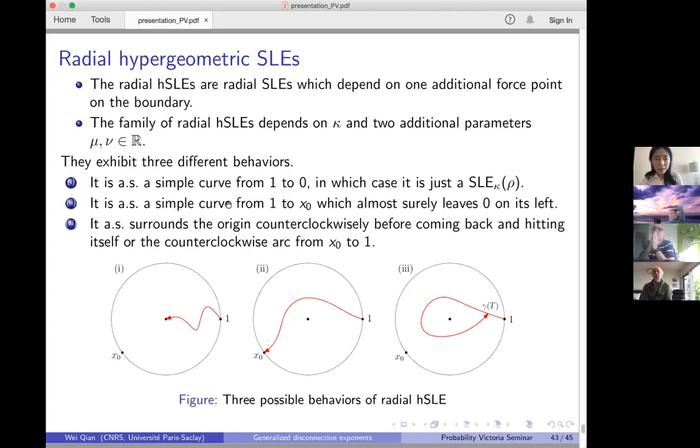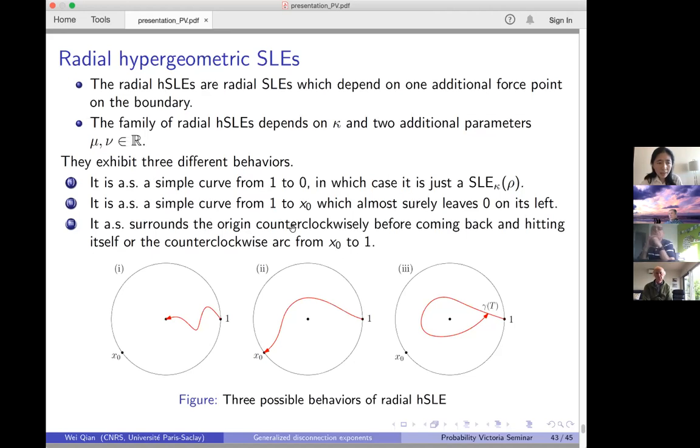And there are 3 different behaviors. The first case is the same as SLE kappa rho. So it contains SLE kappa rho as a subfamily. So SLE kappa rho is a very common and well-known type of SLE.